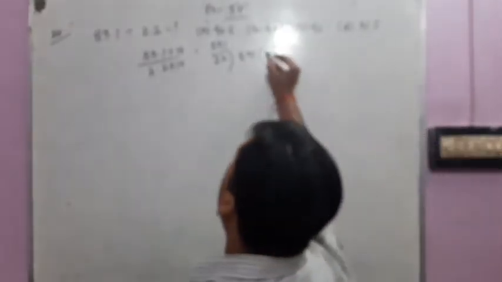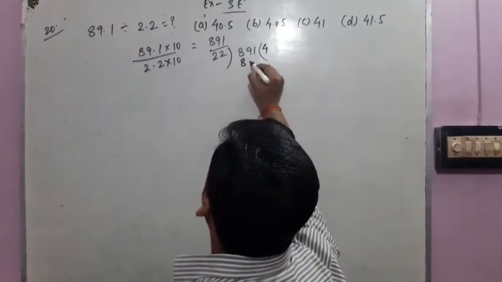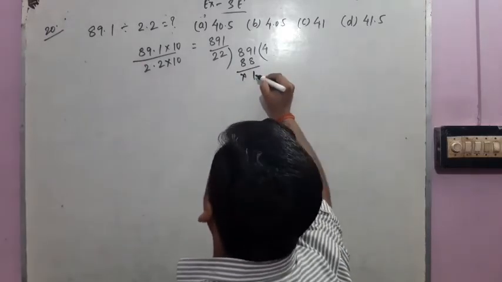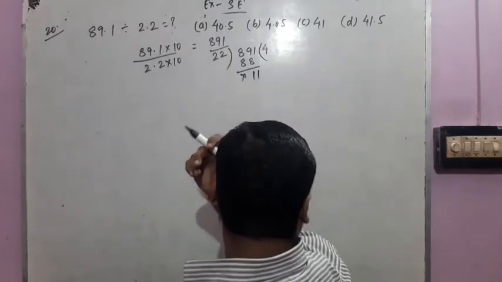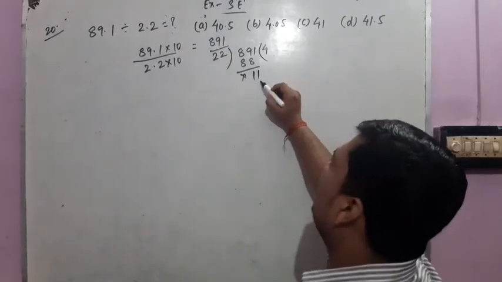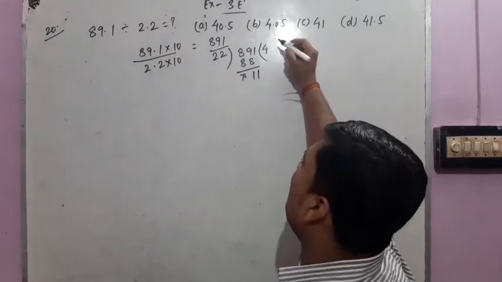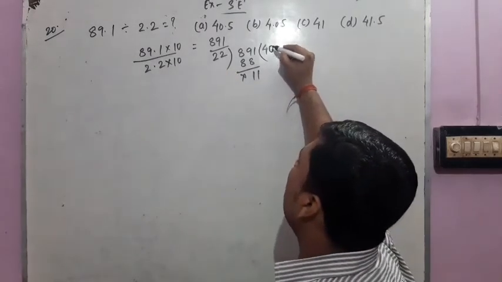Okay, students. Now 22 for the 88. So it cancels. What remains here? 9 minus 8. Now we will take 1 from here. After taking 1, the number formed by the digits is less than 22. So we are marking a 0 here.